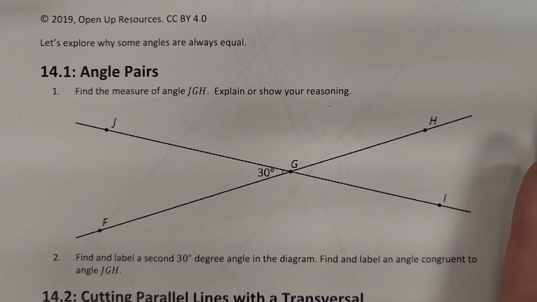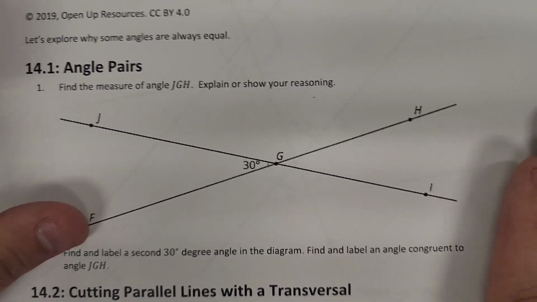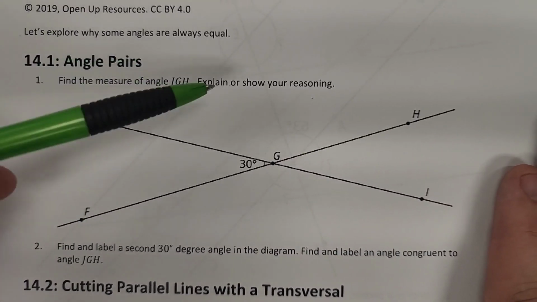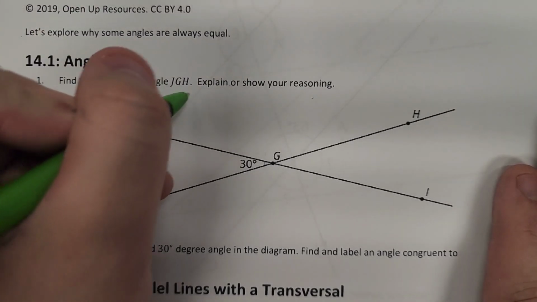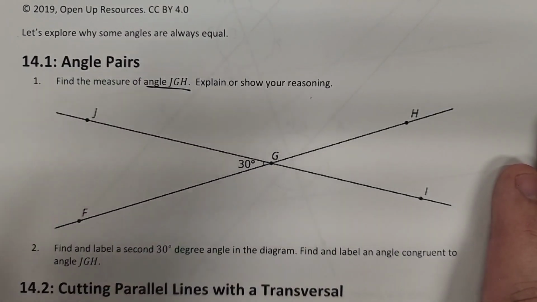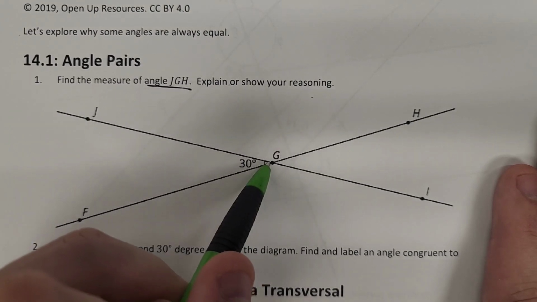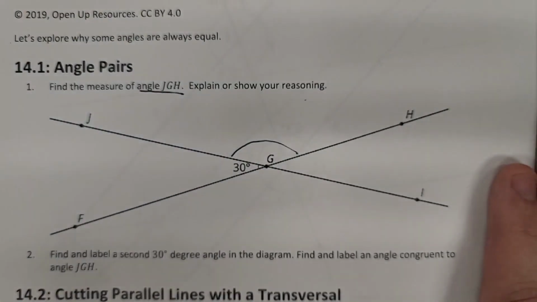So, starting with our warm-up, we got 14.1 called angle pairs. It says, find the measure of angle JGH, explain or show your reasoning. Remember when we label an angle, we start with the outside, so start with J, then we go to G, and then we go to H. So we're trying to find out what this angle is.